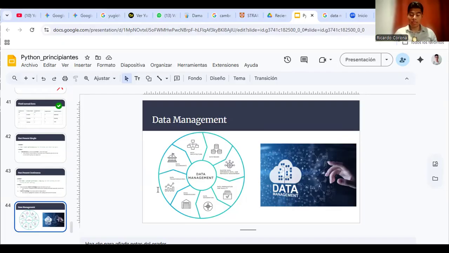I think nowadays it's so important to get knowledge about data management, how to manage a database, and how to improve the data and get the best decisions with that data.